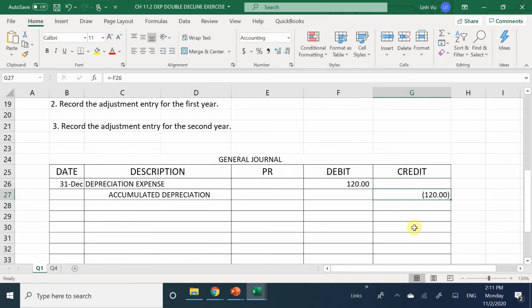And it's for the same amount, the 120. I don't know why it's negative here. It should just be 120. There you go.